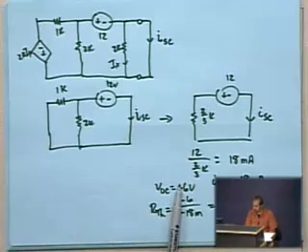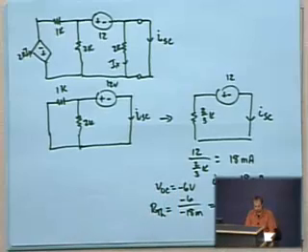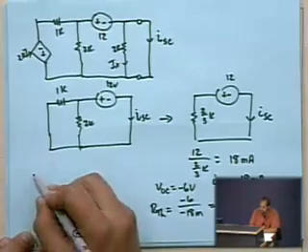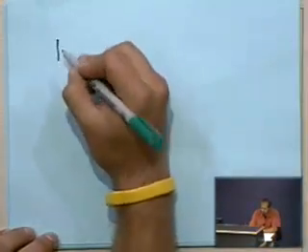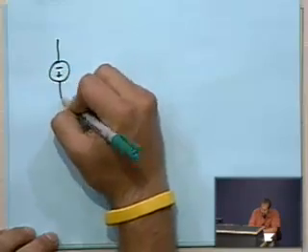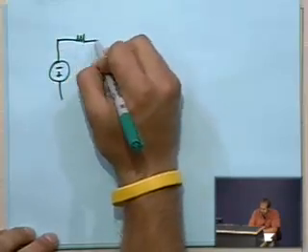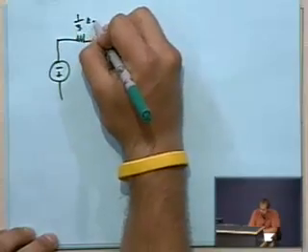So we've got our open circuit voltage, our short circuit current, and our Thevenin resistance, and we can solve for whatever it is that we want to solve for. In the original version of the circuit, here's our Thevenin resistance, 1/3 of a kiloohm.